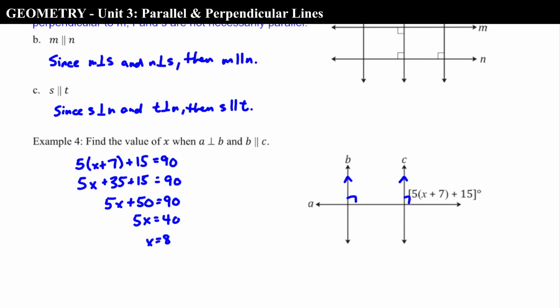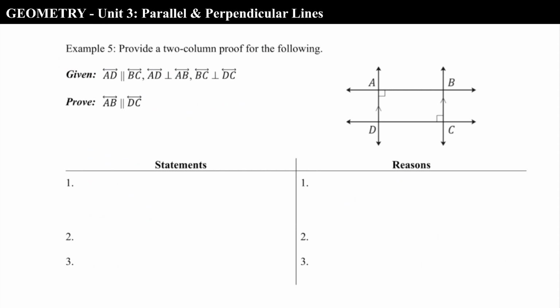Now let's do some proofs. So in example 5, we're going to provide a 2-column proof for the following. So we are given 3 statements, and I am going to take those 3 statements and place them here as given. So we have AD is parallel to BC.